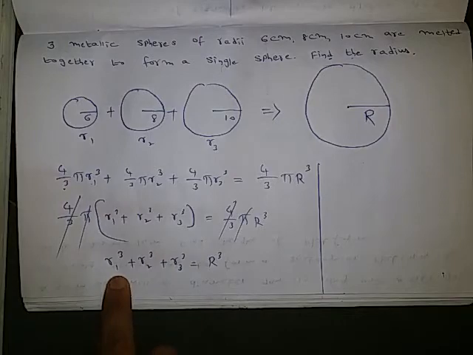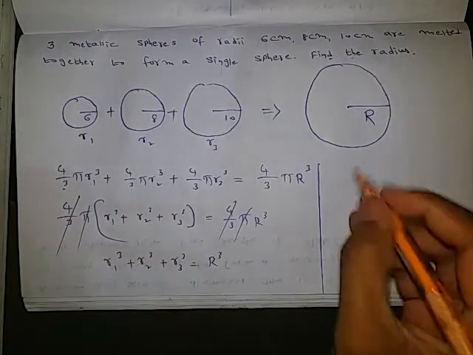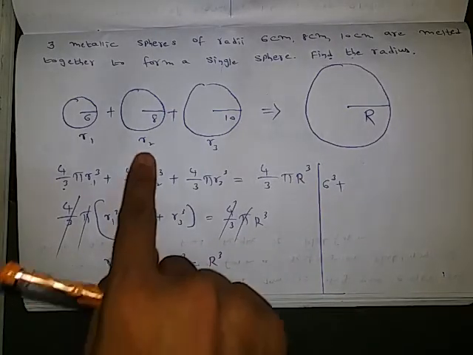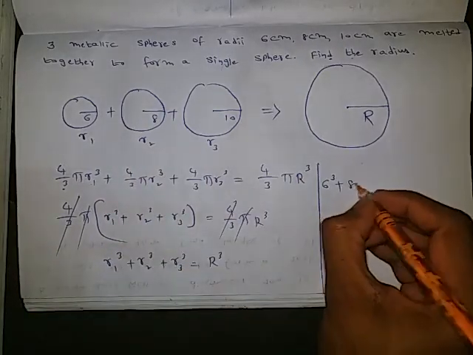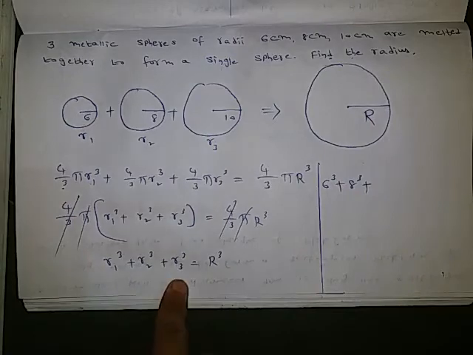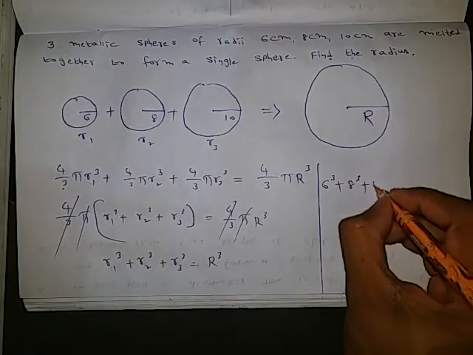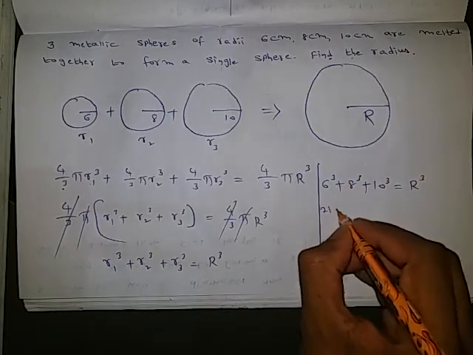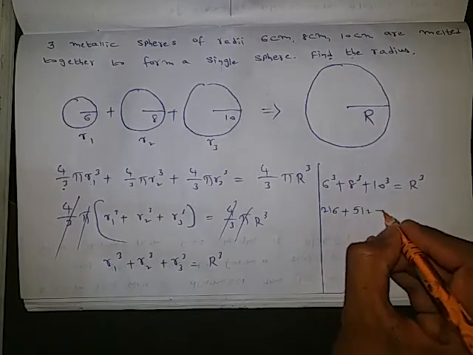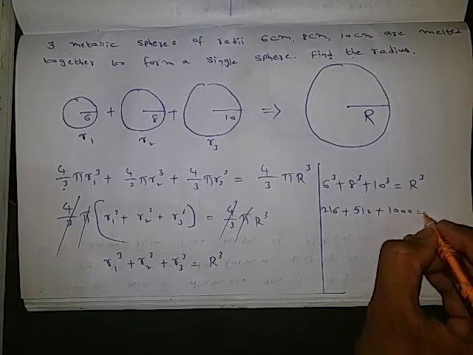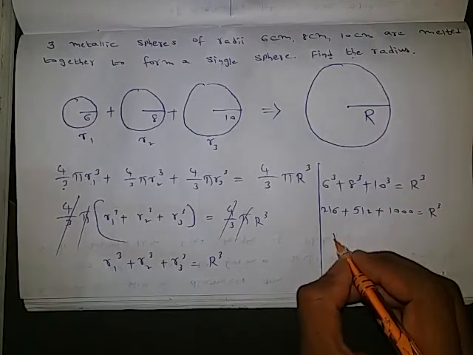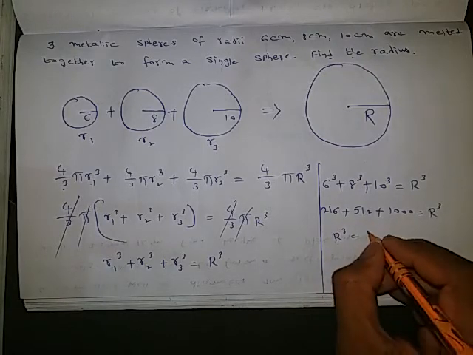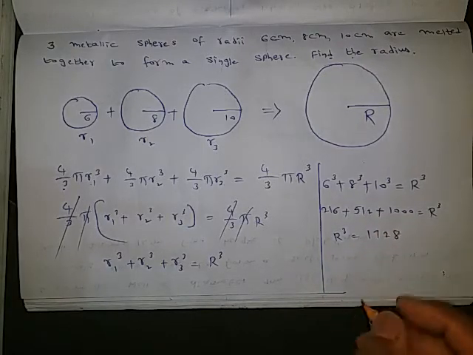r1, the first sphere radius, is 6, so 6³, plus r2³, the second sphere radius, 8³, plus r3, the third sphere radius, is 10, so 10³, which is equal to capital R³. 6³ is 216, 8³ is 512, 10³ is 1000. So R³ is equal to 216 + 512 + 1000, which is 1728.